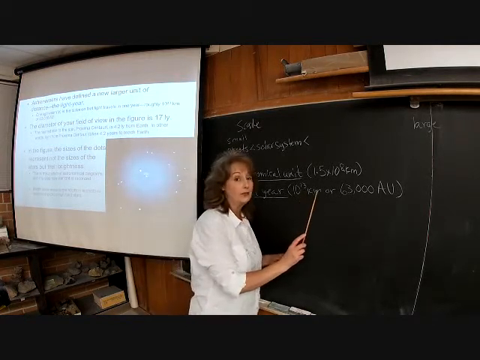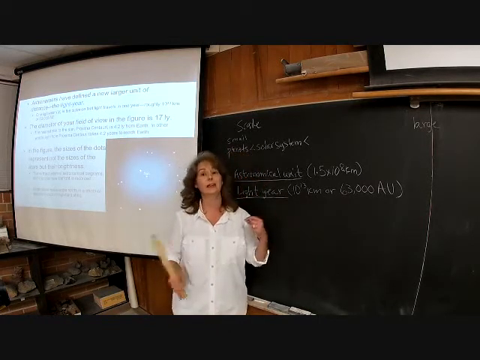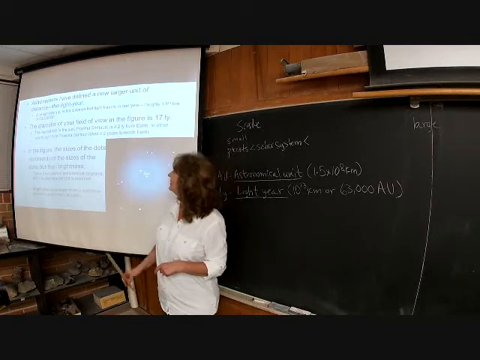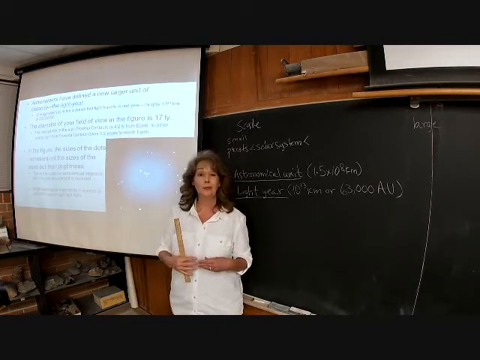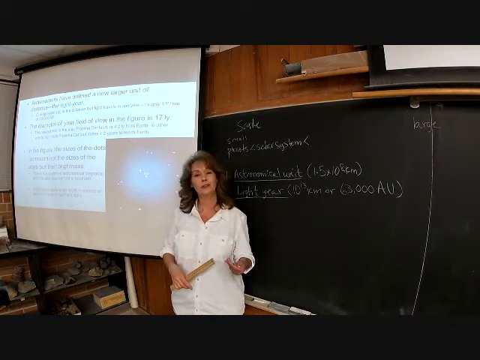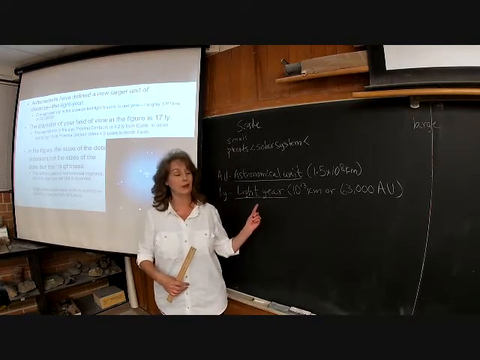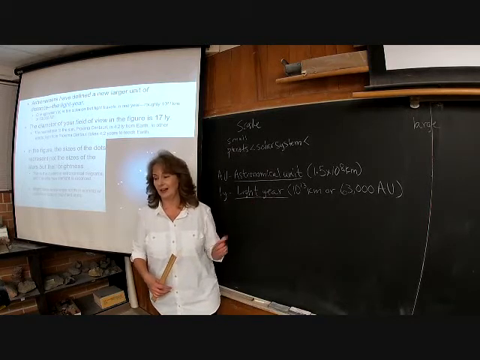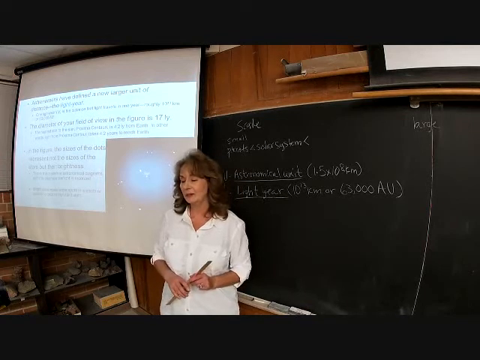So go 4.2 times 63,000 AU, that's a long way away. The light from Proxima Centauri takes 4.2 years to make it to the Earth. So that does help us with these very large distances.